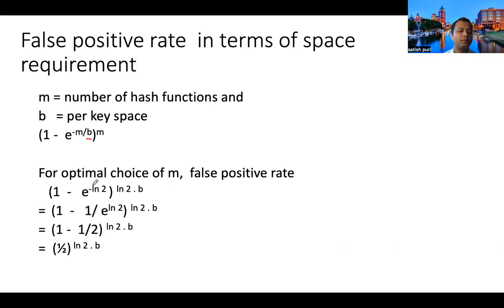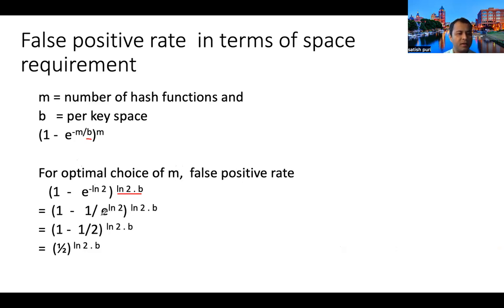In the case where we want the optimal choice of m, we can simplify this formula. B cancels, so natural log of 2 remains. M is natural log of 2 times b, and this is minus, so this is 1 over e to the power natural log 2b.